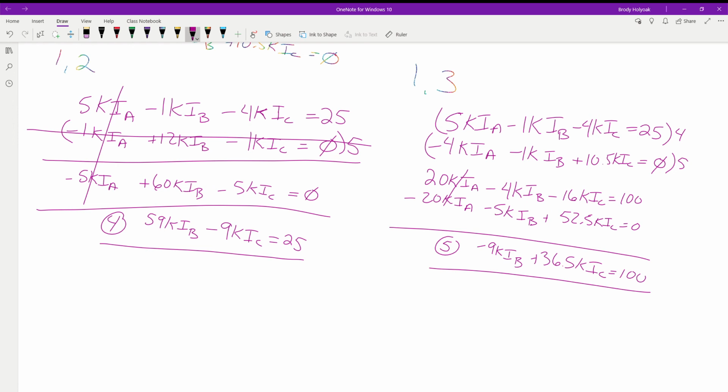Yep. So I did get that value for IC, and I did get that value for IB. I just have to get to my IA current again because I botched that. No worries.